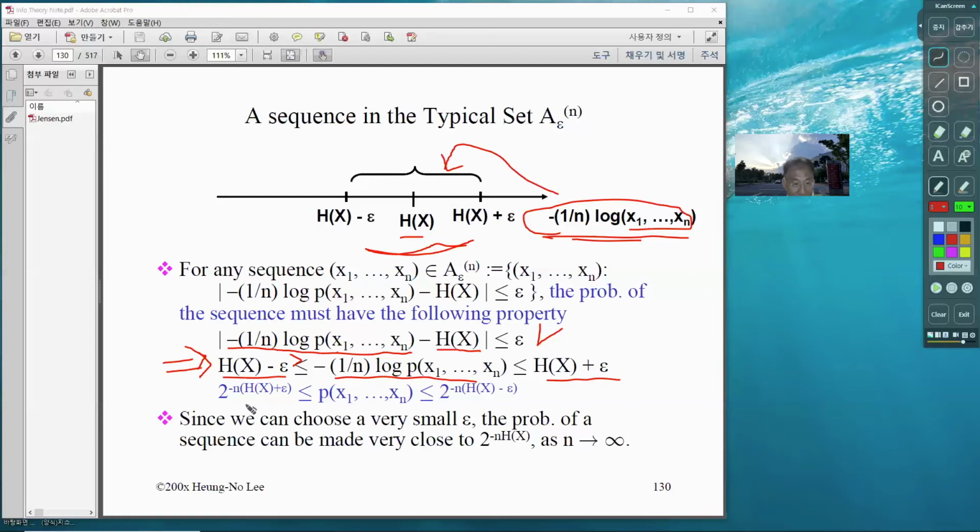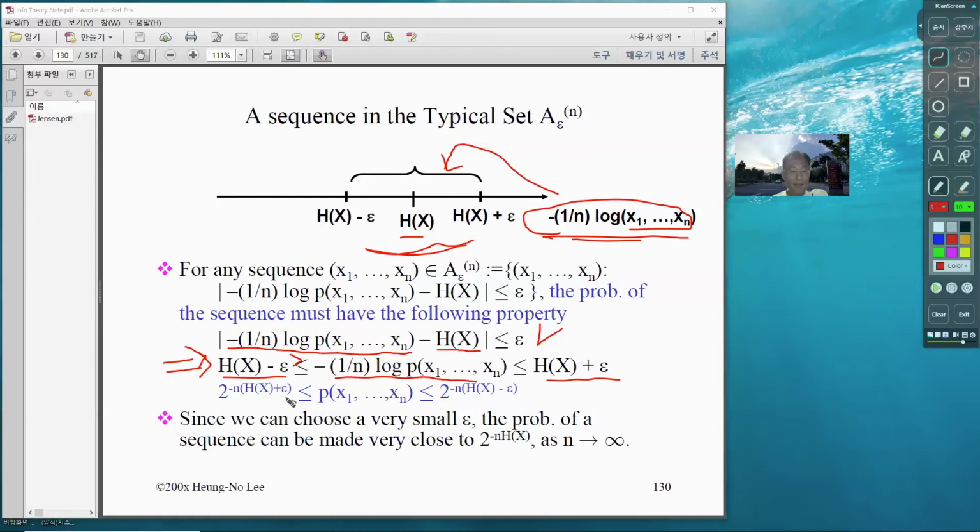Then I have the log of probability upper bounded by minus n times H minus epsilon, and lower bounded by minus n times H(X) plus epsilon.